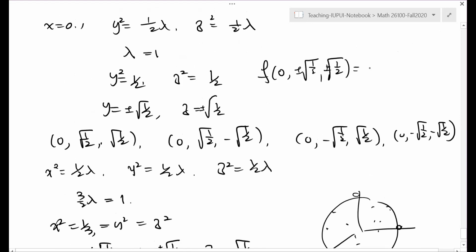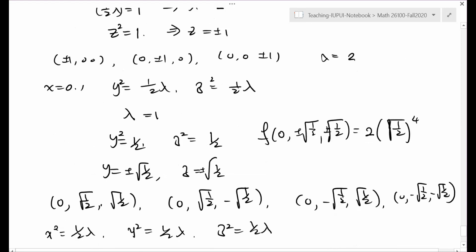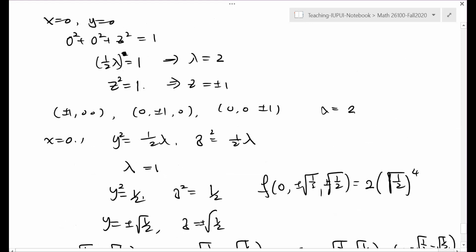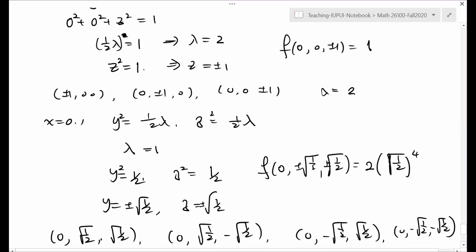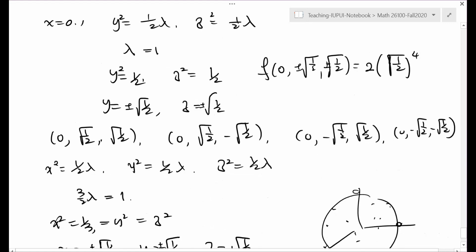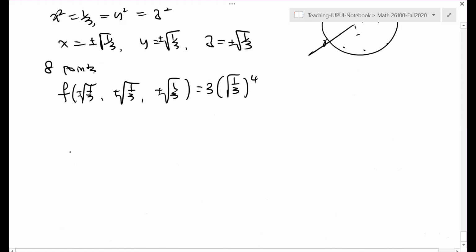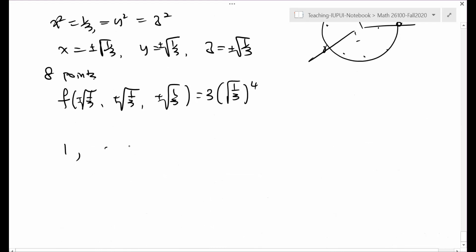You get twice of that. You compare which one is large. And the very top one, the value is going to be 0, 0, plus minus 1, which is just 1. Among all those 3 values, you compare which one is large: 1, twice of this, and 3.